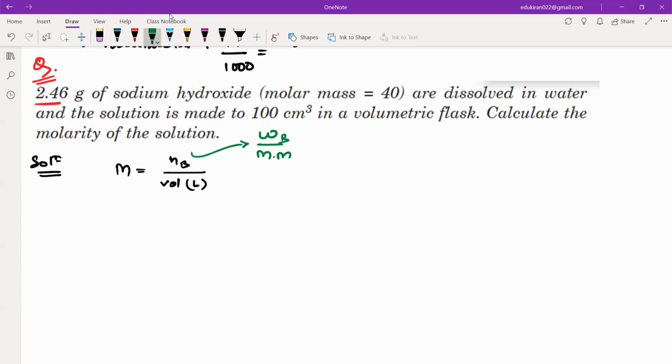So we substitute WB as 2.46 and molar mass as 40, and volume is 100 ml, which is 0.1 liters. So NB is equal to 2.46 grams divided by 40 gram per mole into 0.1 liters. Please calculate this.